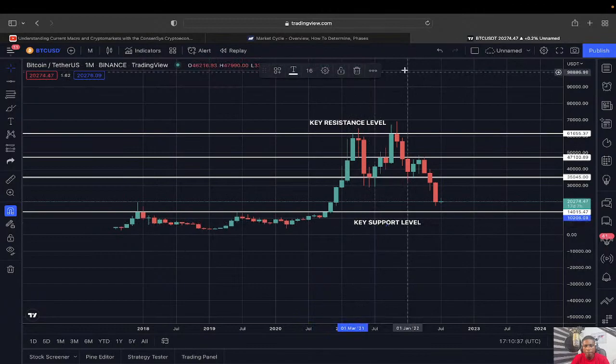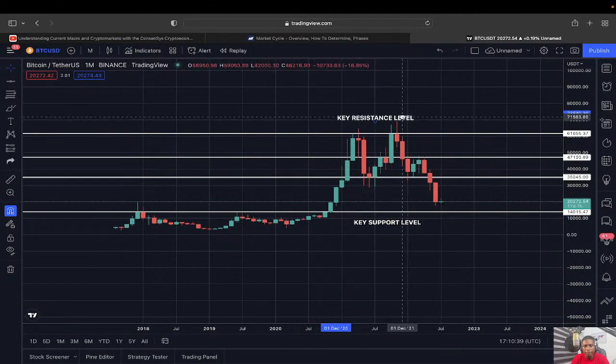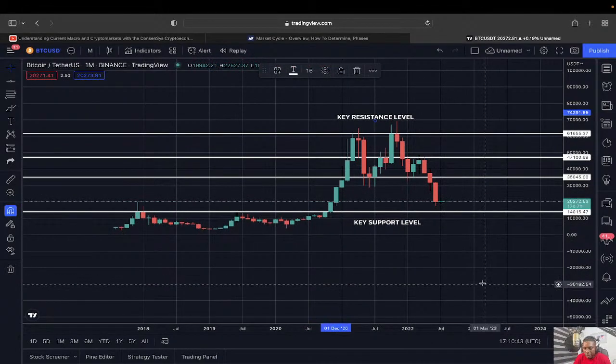Key resistance, key support level, which means these are very important levels to watch.